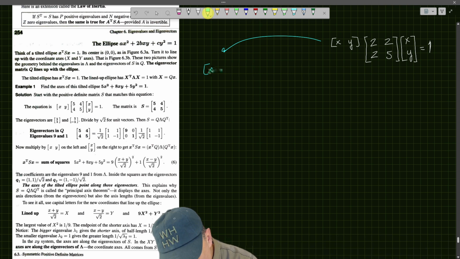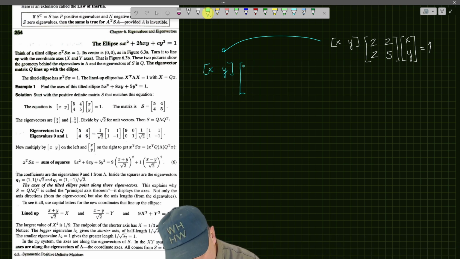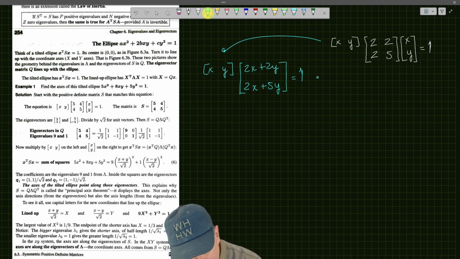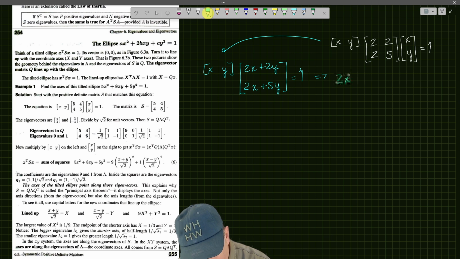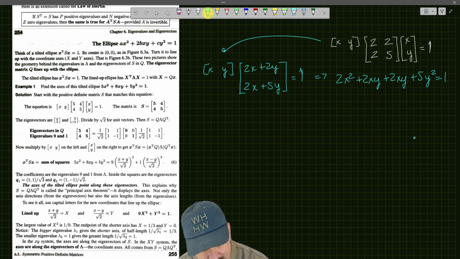Let's take a look then. We end up with xy times, and I'll do this product. So we're going to have a vector, which is going to be 2x plus 2y, and then 2x plus 5y, and that's going to be equal to 1. Multiplying again, we're going to end up with 2x squared plus 2xy, and then plus 2xy plus 5y squared is equal to 1.